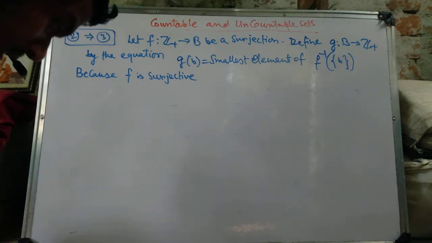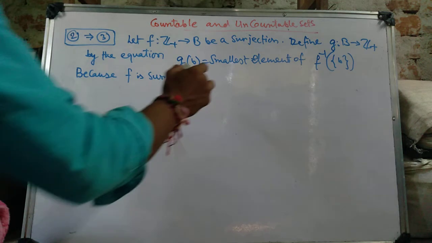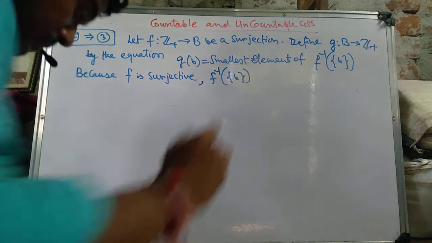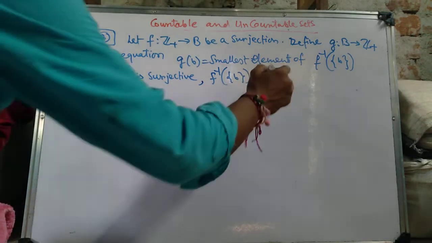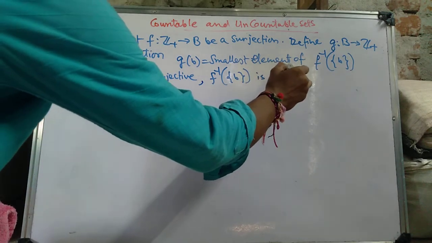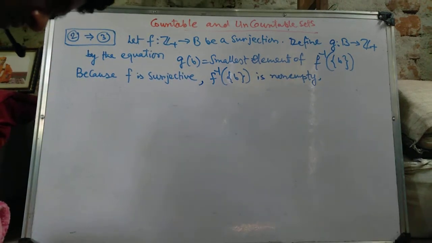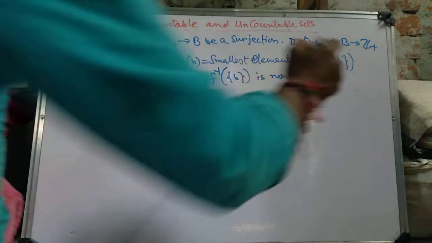Because f is surjective, f inverse of b is non-empty. Then g is well defined.